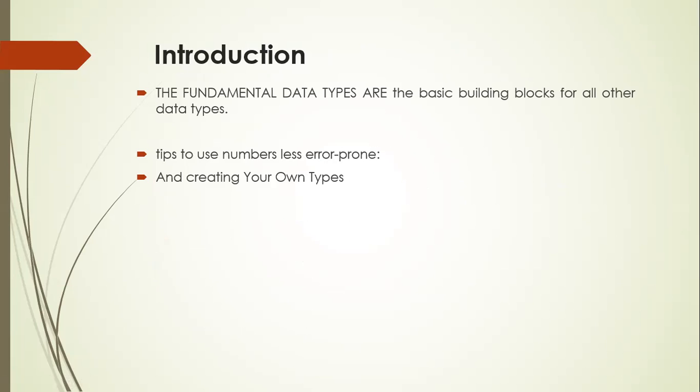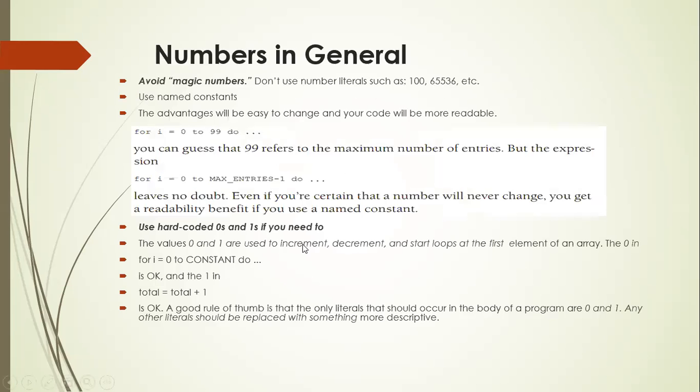These are the fundamental data types that store values in them, and all the other complex data types are derived from these fundamental data types, and they are very important to be learned effectively and completely. And we are going to discuss the tips to use numbers which are less error prone, and we are going to learn how we can create our own types.